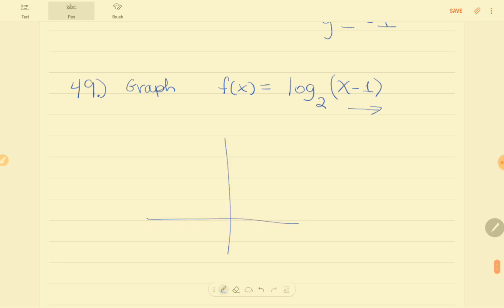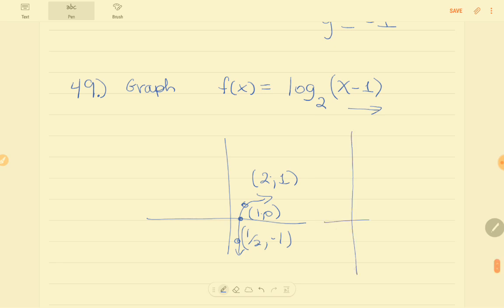So this original that had the points 2 comma 1, 1/2 comma negative 1, and of course 1 comma 0, that's all going to just shift over 1 unit. So if you just add 1 to all the x values and keep the y values the same, because you're not moving it up or down, you're just moving it to the right.